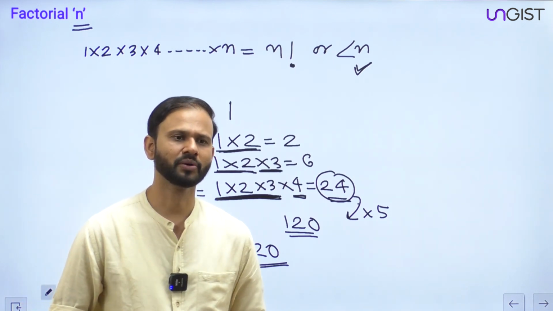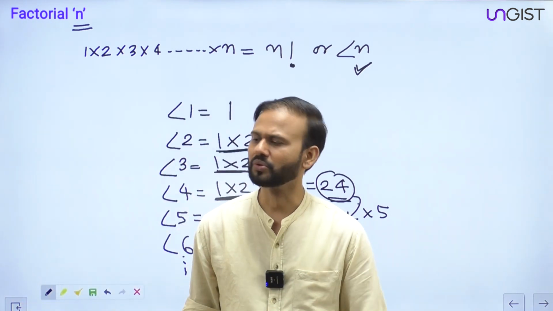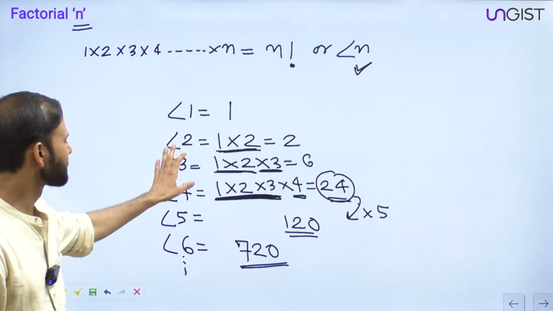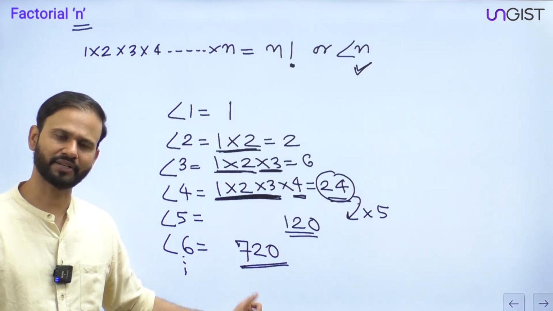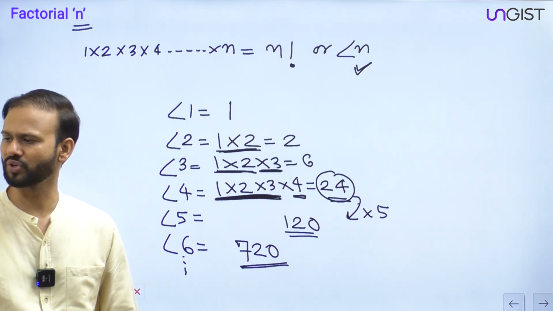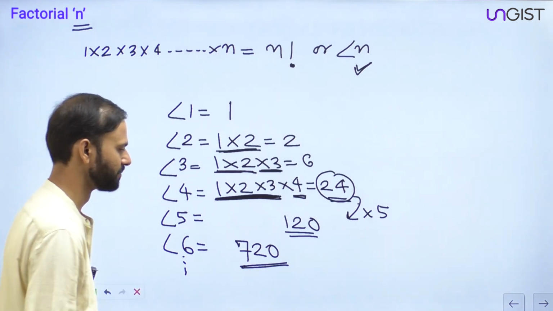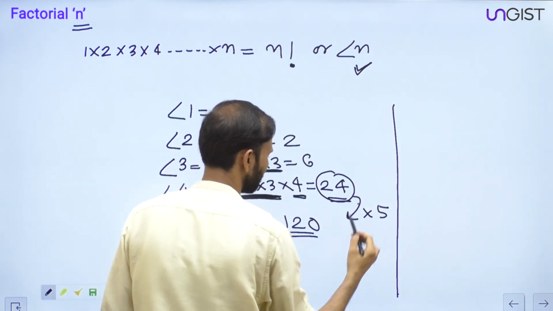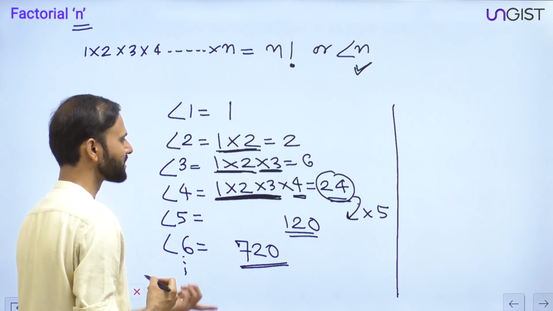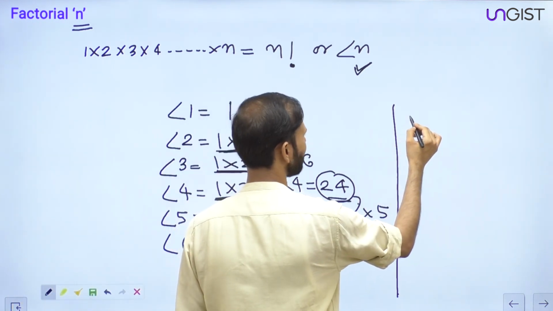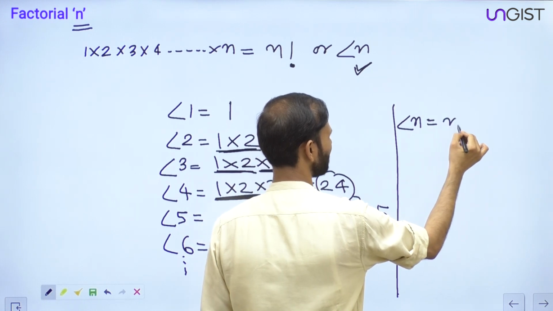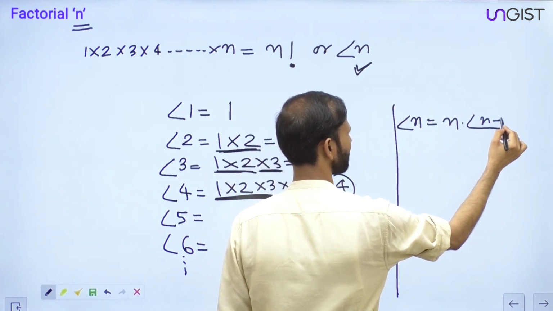Fine. So this is all about factorial notation. And now, what you can say about factorial is that factorial n is equal to n into (n minus 1) factorial.